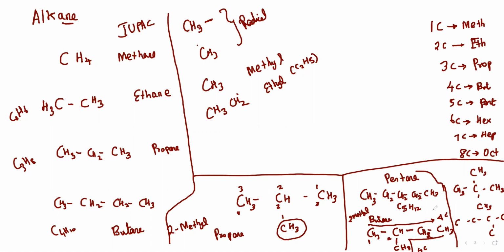Now for the name, we have a straight chain like this, or else in that 3 carbon you can find, or else you can find 3 carbon like this, or like this. So anyhow, you will always be finding 3 carbon in the straight chain.